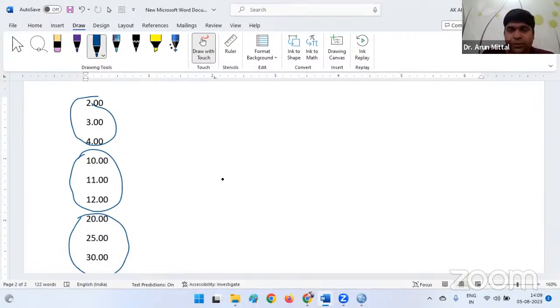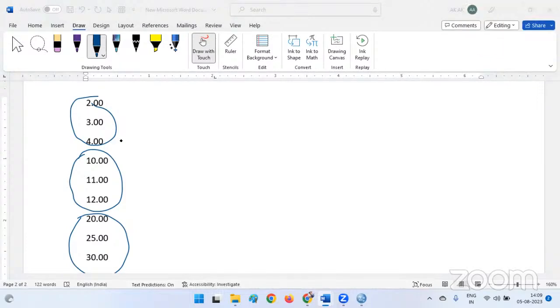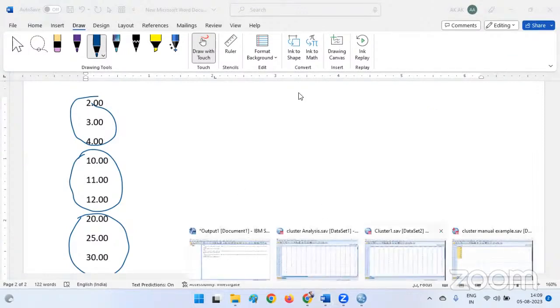Though the cluster analysis may take different data points, different groups also. So logically, we put them into different groups based on what the software tells us.